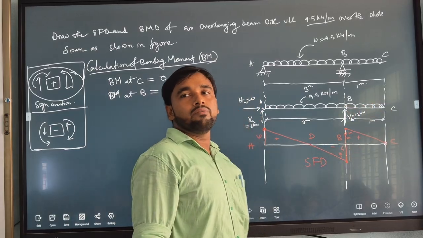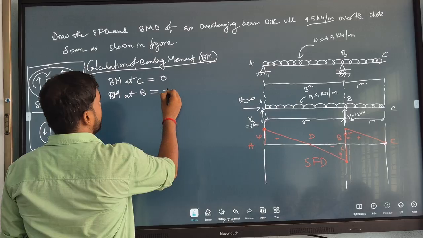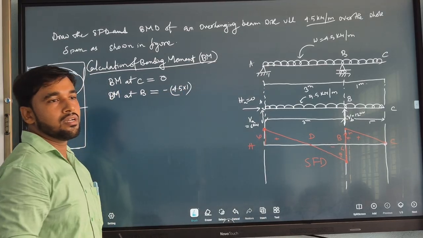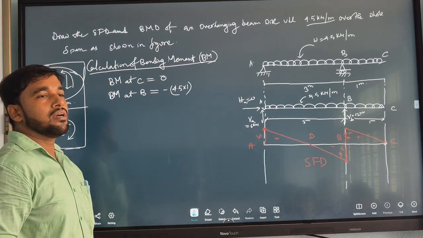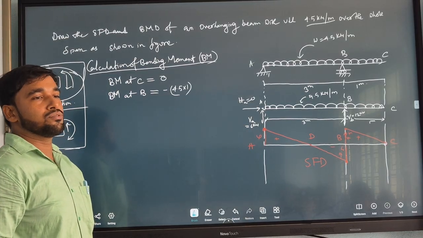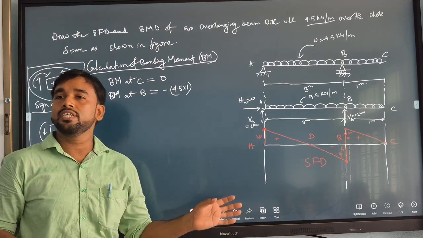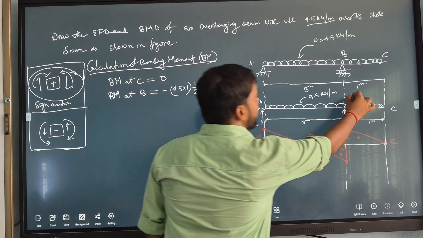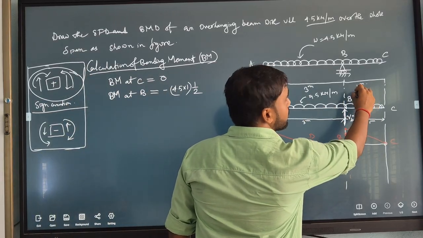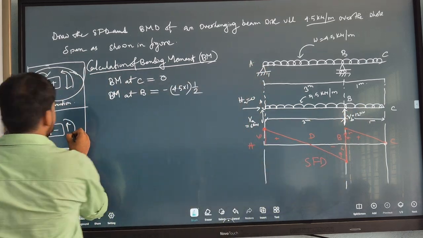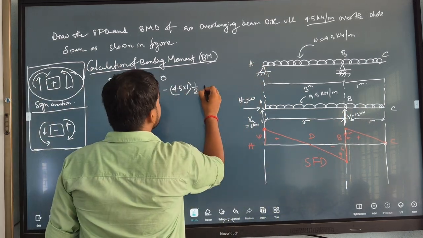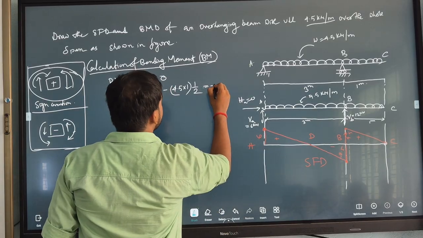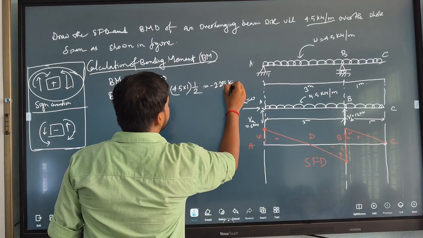So bending moment will be 4.5 into 1 is the load, and distance is 1 by 2, 0.5, because UDL acts through its CG. Minus, because this creates hogging, clockwise. Clockwise means minus. So minus 2.25.